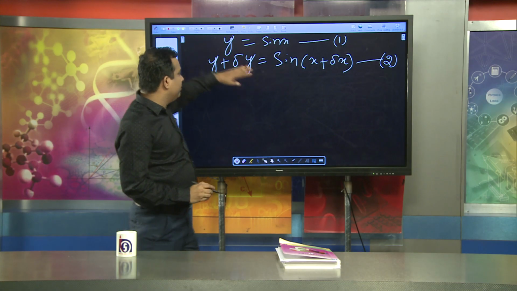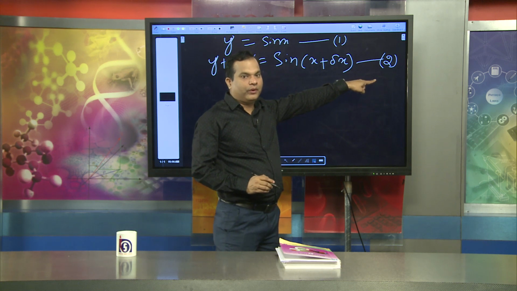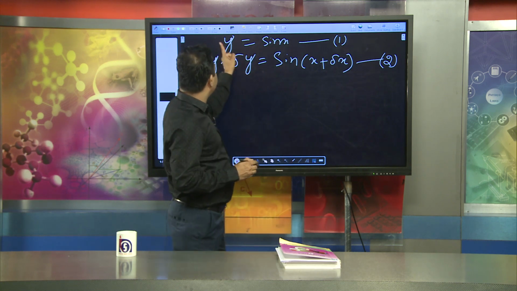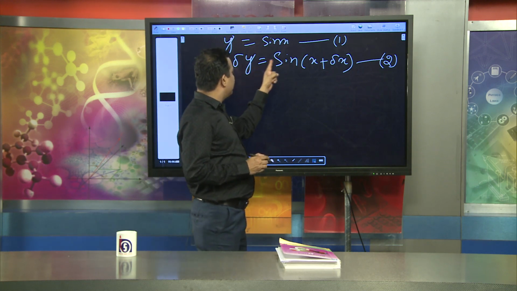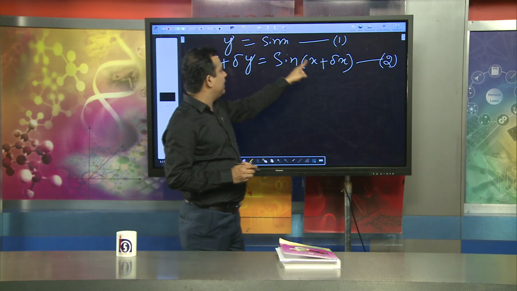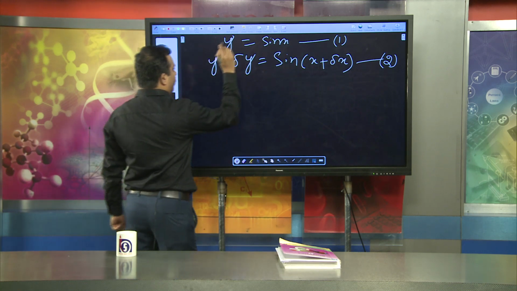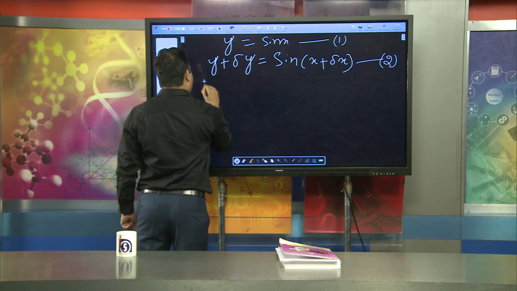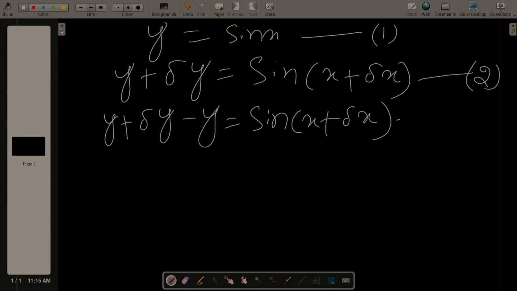Now what we will do? We will subtract equation 1 from equation 2. Equation 1 is y equal to sin x, and equation 2 is y plus del y equal to sin, in place of x I have written x plus del x. When we subtract, you will find y plus del y minus y equal to sin of x plus del x minus sin x.